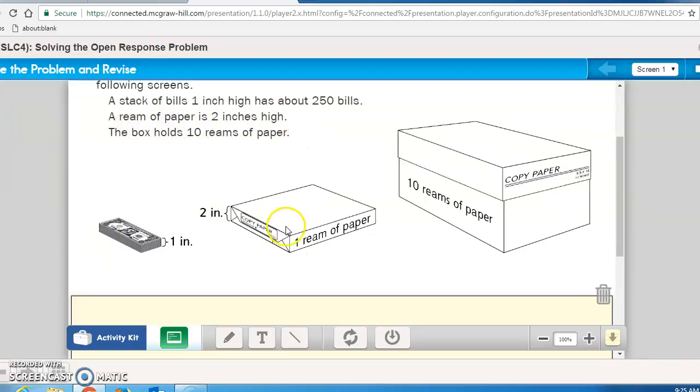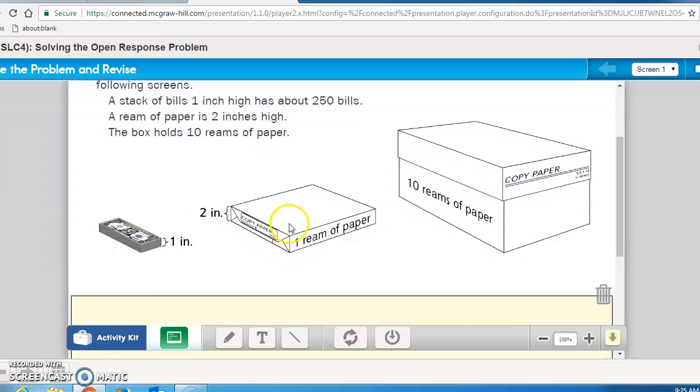The ream of paper is 2 inches high. Use what you know again and the following facts to solve the problem. Is it possible to fit the reward of $1 million in dollar bills in your box?